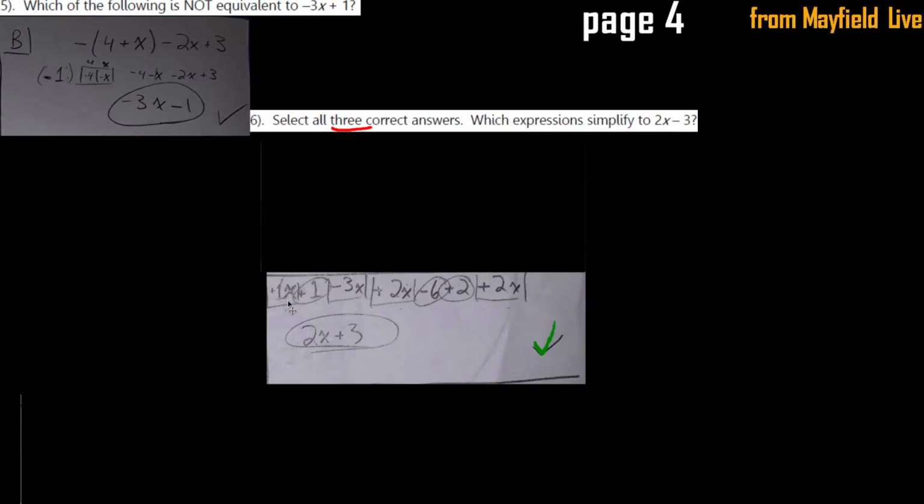And so I combined 1x, a negative 3x, 2x, and another 2x together. Again, that should result in a positive 2x. And then I combine my constants, so I have 1, negative 6, and a positive 2. And so that will end up with a minus 3, which is what we're looking for, which is why I checked it off.